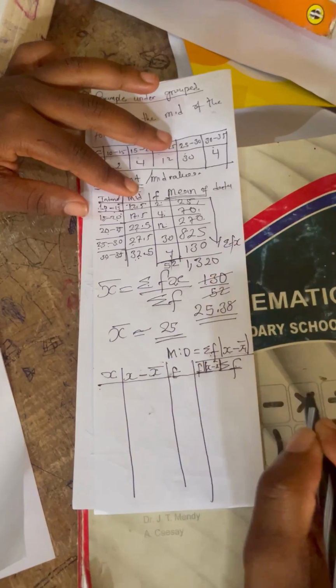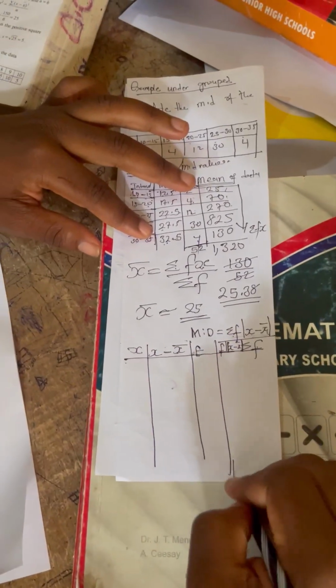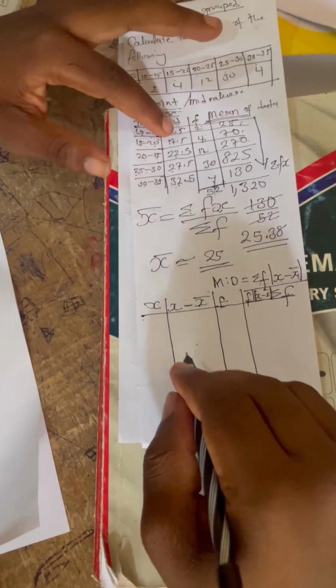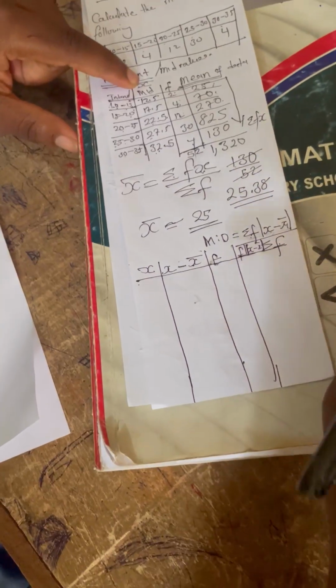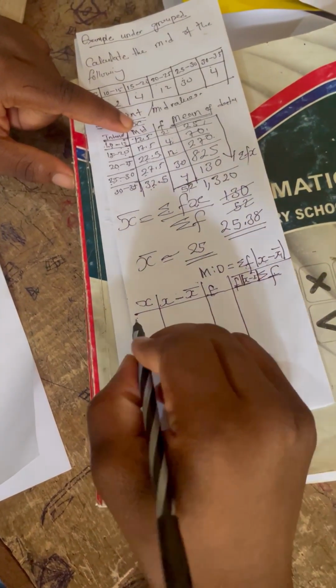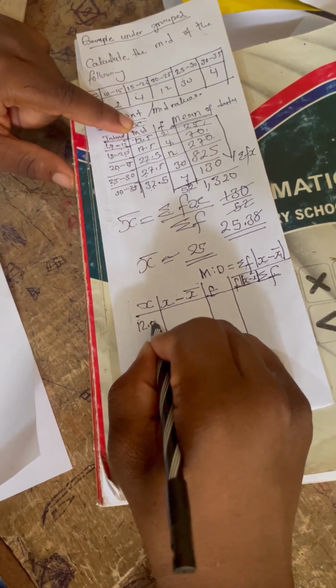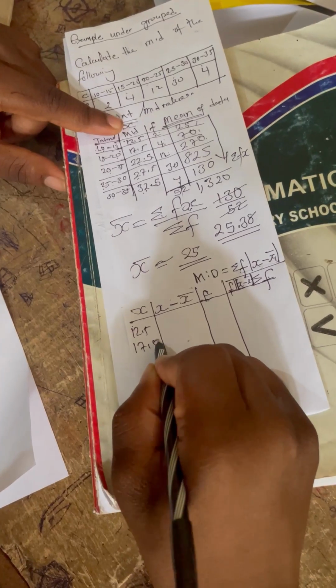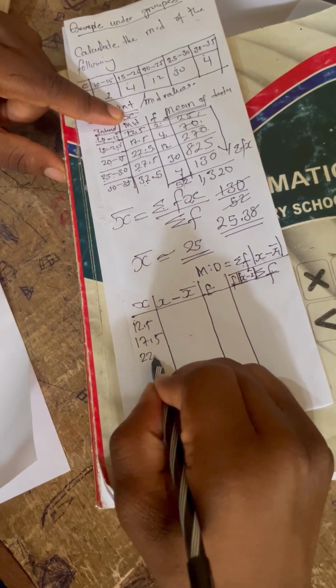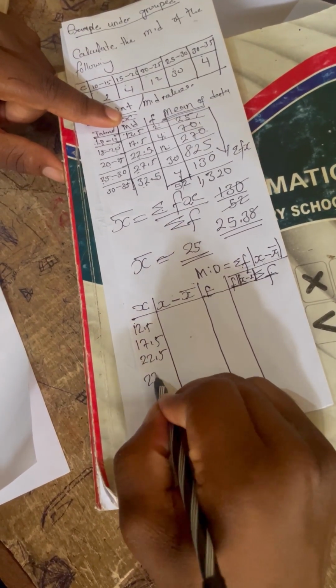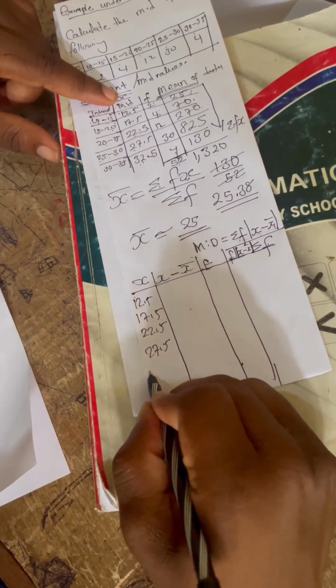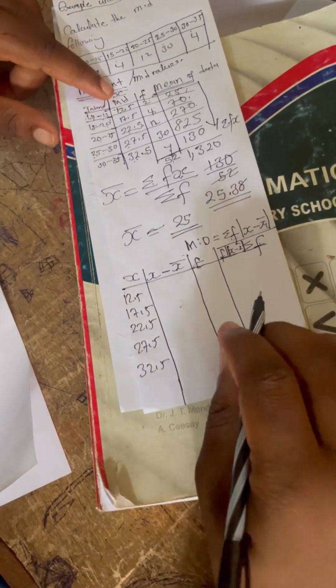That's also what we need. Now let's do that one. This is the x value: 12.5, 17.5, 22.5, 27.5, and 32.5.